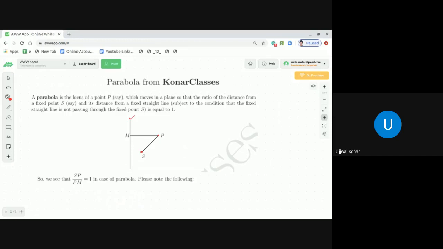Then we call the curve thus traced a parabola.